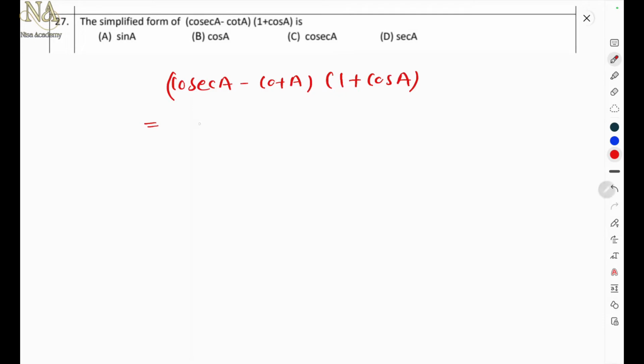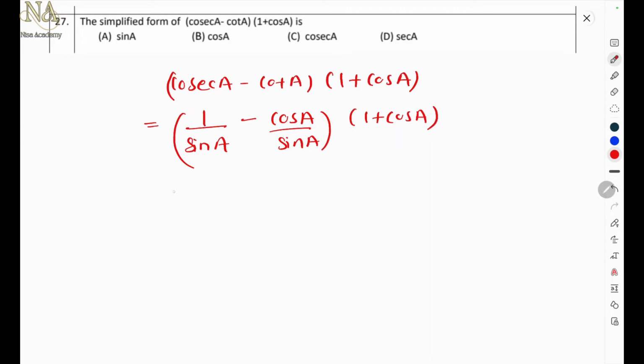So cosec is the reciprocal of sine, and cot is cos A by sin A, and this is already here, 1 plus cos A, let it be. See, the denominator is the same. So (1 minus cos A) upon sin A into (1 plus cos A).